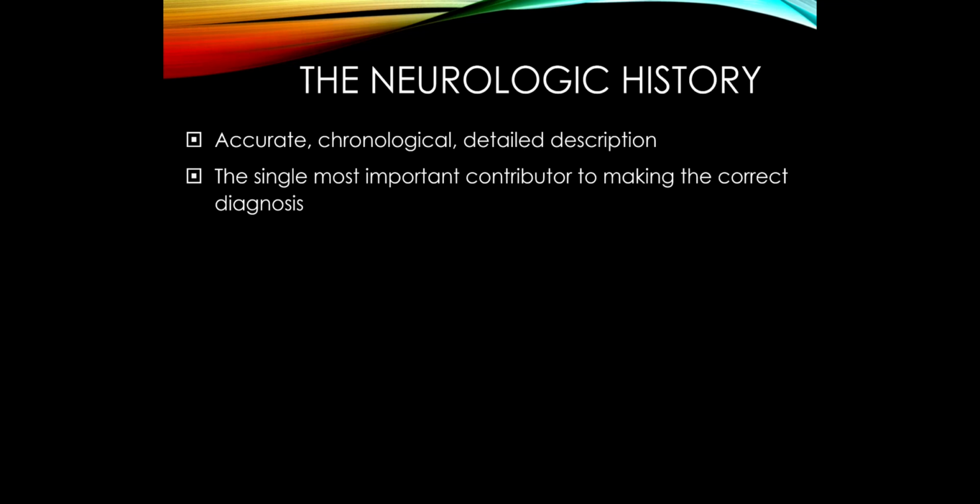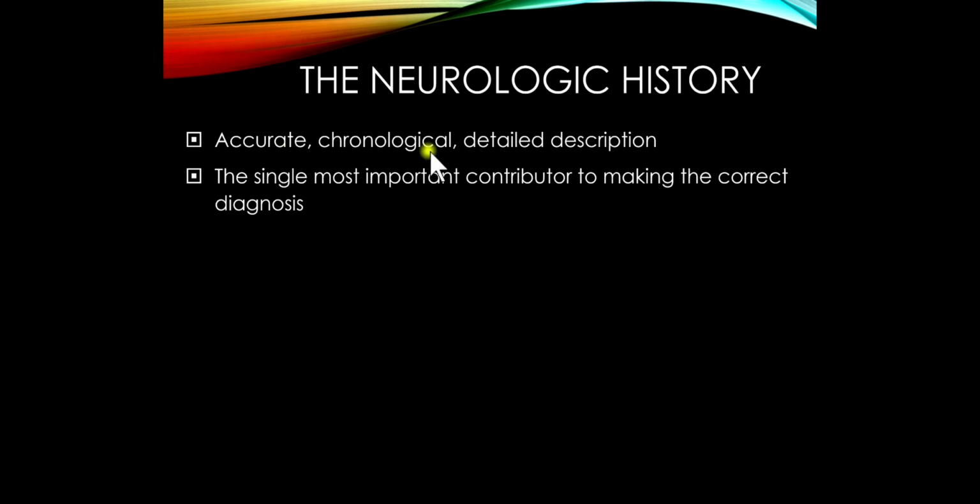I'll say a few things about the neurologic history. Even though I said that is usually the most important thing, most of these 5 hours will be spent on the other aspects of the examination. But I just need to make a little plug here for the importance of taking a very accurate, detailed description.